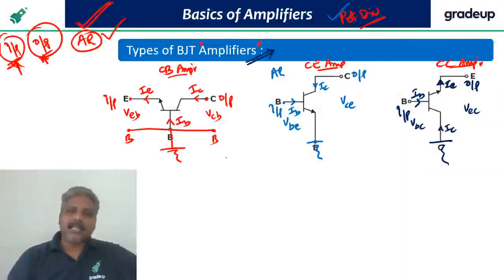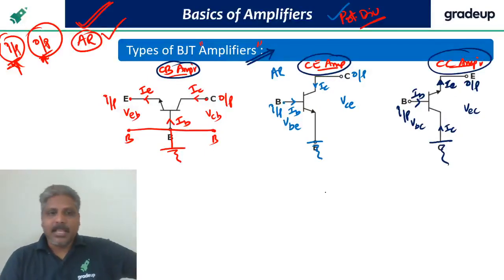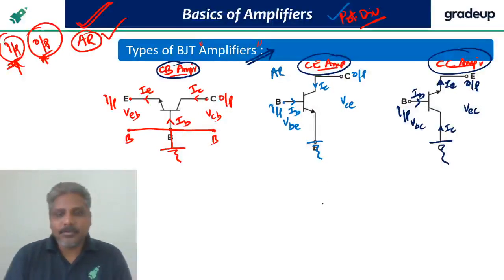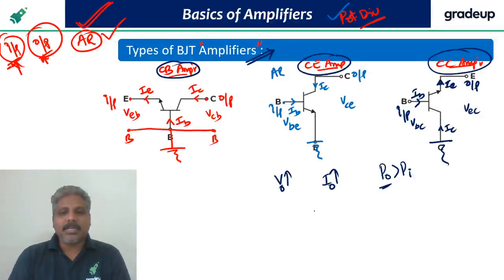Now let us understand one by one, a little more detailedly, about the CB amplifier, CE amplifier and CC amplifier. Ultimately, an amplifier is a circuit which enhances the voltage or the current. Power enhancement means output power is greater than input power: maybe the output voltage increases, maybe the output current increases, maybe both.